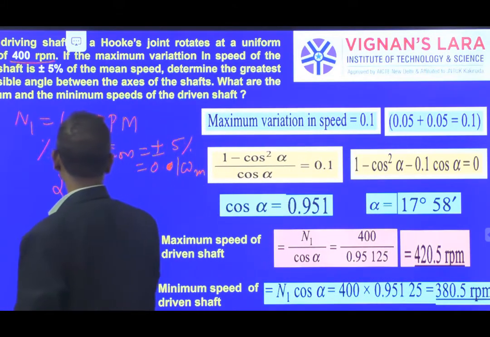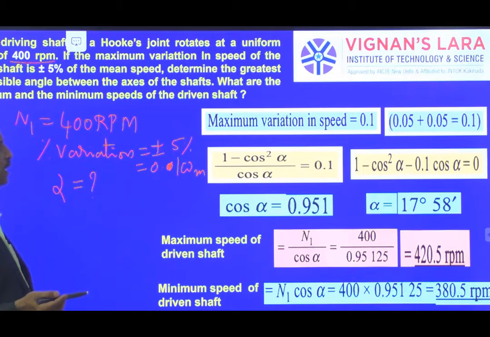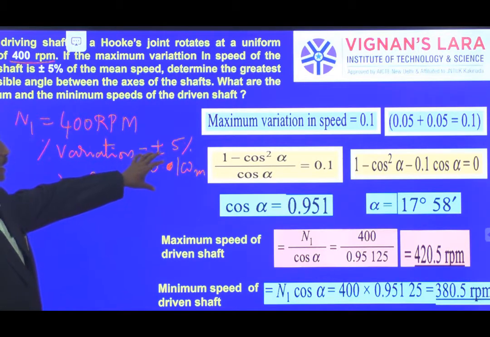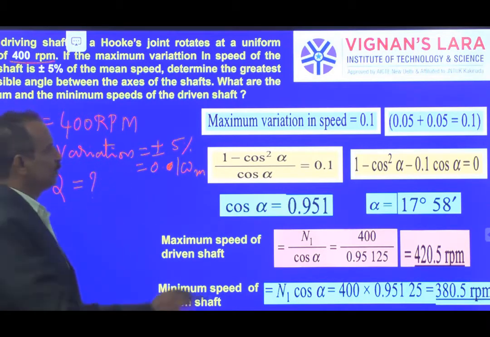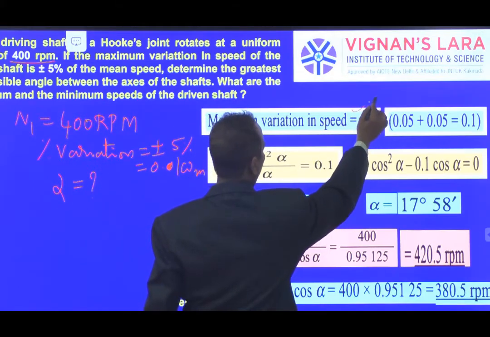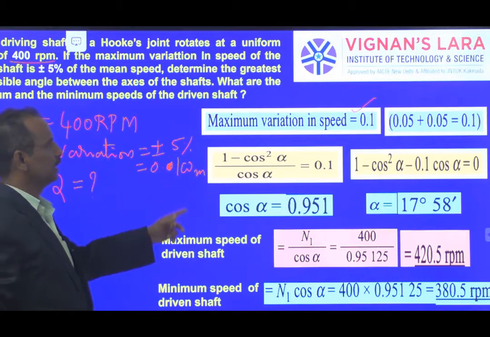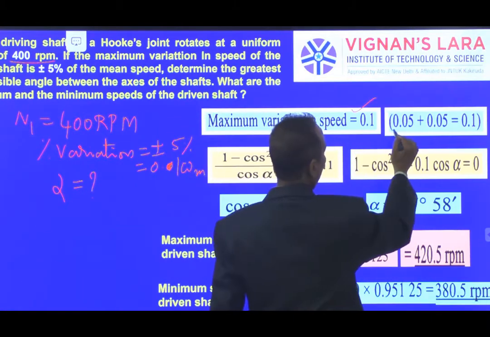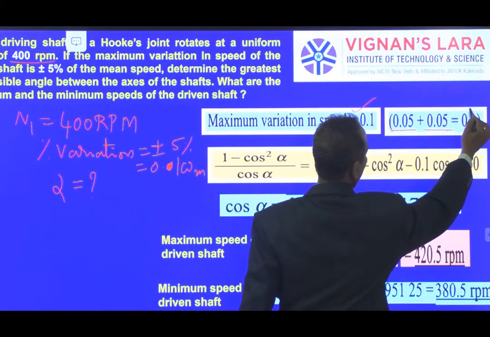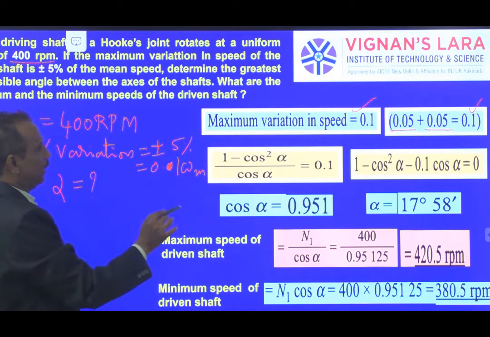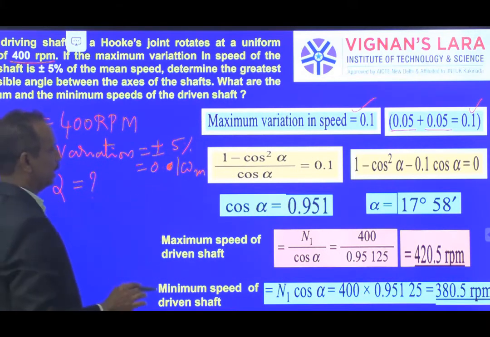Same problem. Earlier it was expressed in terms of variation of the speed in RPM. Now it is in terms of percentage. Maximum variation of the speed is 0.1, that is plus or minus, that is why 0.05 and 0.05, which results in 0.1, and that is 0.1 times the mean.